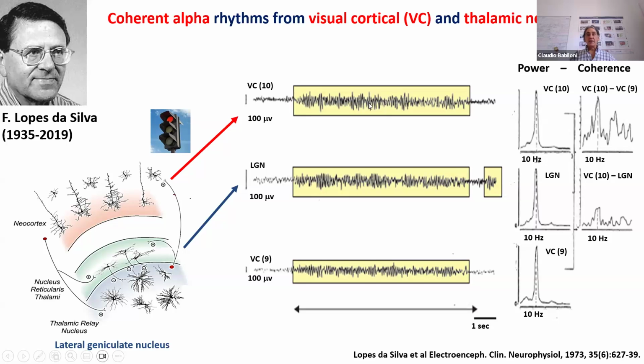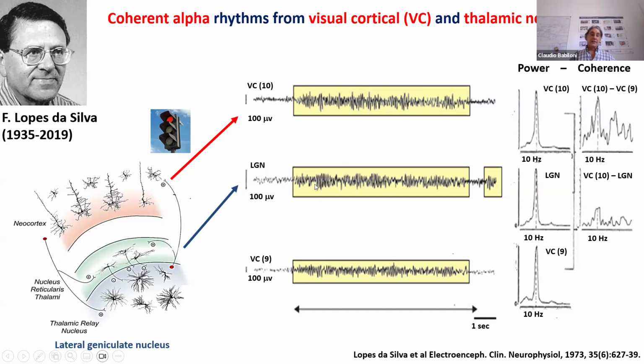So you see an alpha dominant rhythm in relaxed wakefulness of dogs from recordings in the visual cortex, electrode 10. The same is true for electrode 9.